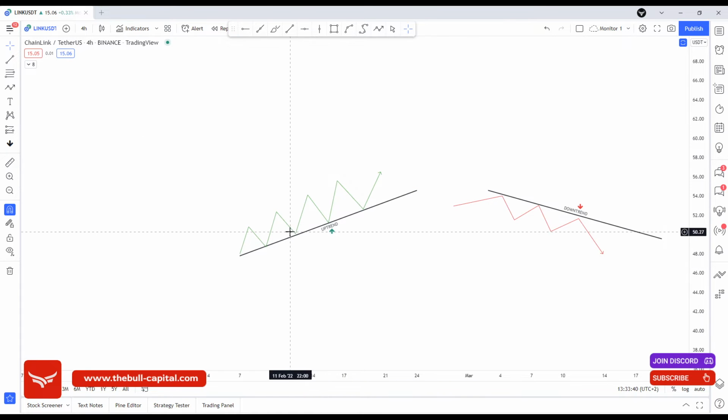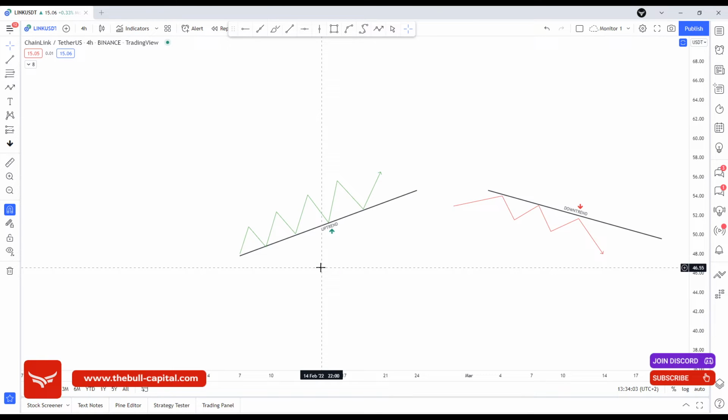Each higher low swing is actually touching the uptrend line, the diagonal, which also acts as a support, and with each touch of the trend it's gonna have a bounce, okay?